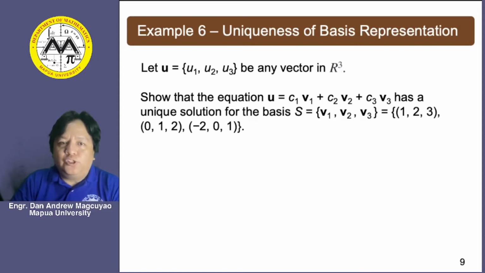Show that the equation u equal to C1v1 plus C2v2 plus C3v3 has a unique solution for the basis S equal to {v1, v2, v3}, which is equal to {(1, 2, 3), (0, 1, 2), (-2, 0, 1)}.